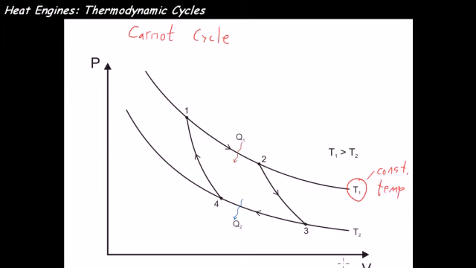I have volume V on the x-axis, and I have pressure on the y-axis. So my volume is increasing and my pressure is decreasing, but my temperature remains the same from point 1 to point 2. So point 1 to point 2 is isothermal.